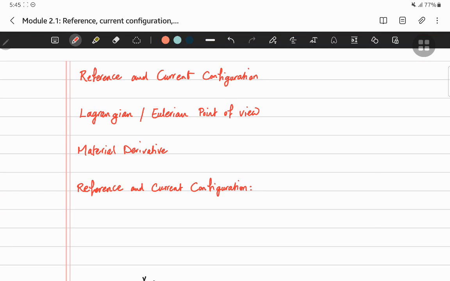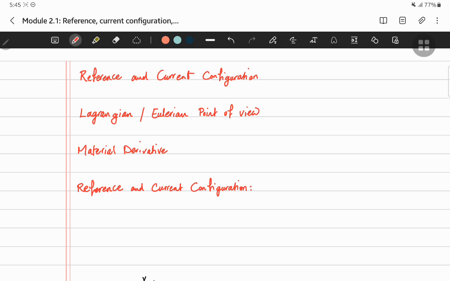So basically from this module, which is the second module, we discuss the kinematics of a continuum. This is the place where we start to discuss the origin of strain, the mathematical modeling, and also different types of strain tensors like the infinitesimal or small strains like the Cauchy strain tensor, as well as the Green-Lagrange strain tensor, which is for the large deformations.